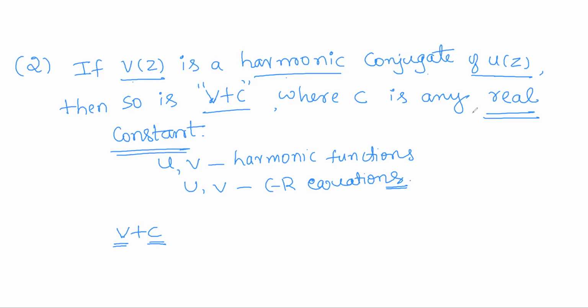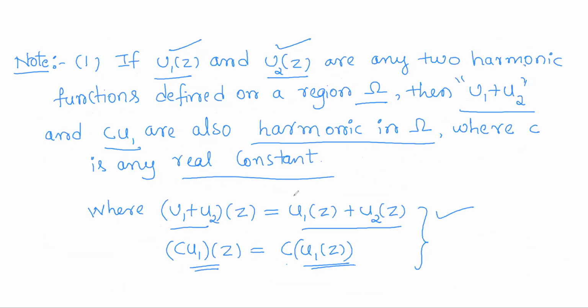Here we are restricting to a real constant, because while defining a scalar multiple of a harmonic function we also use a real constant, since the resulting function has to be harmonic, which means it has to be a real valued function. Whenever u1 is a harmonic function, c into u1 of z is defined as c into u1 of z.